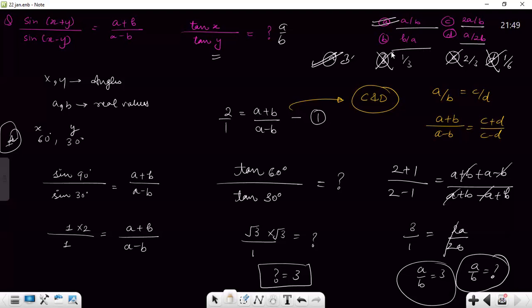In that case, your assumption method fails for the particular assumption that you have made. Now you have to reassume the values so that all the options come out different, so that we can segregate between the correct and wrong option. This will be clear when we will be solving more questions ahead.